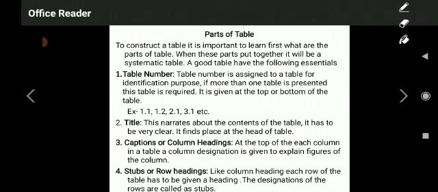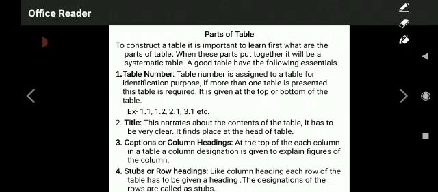For example, if your tables are more than one, you may mention 1.1, 1.2, 2.1, 2.2, 3.1, like that. Hope you understood. In this way, we mention a number for each table to identify it for our further details.